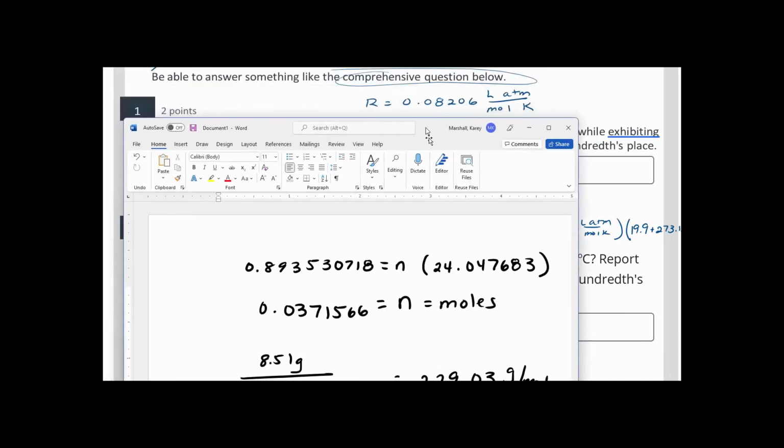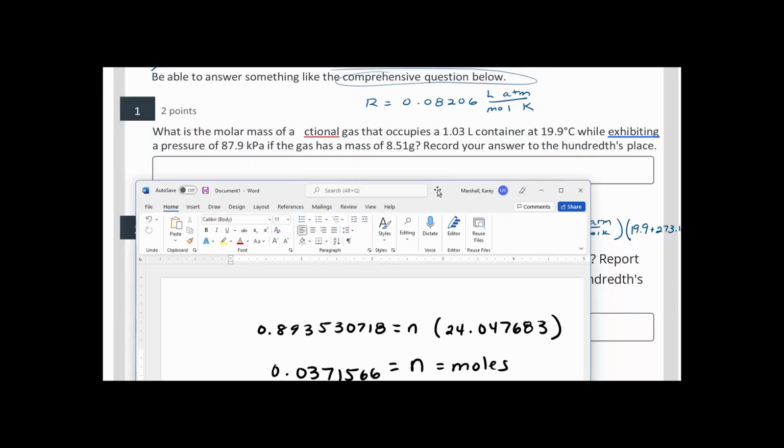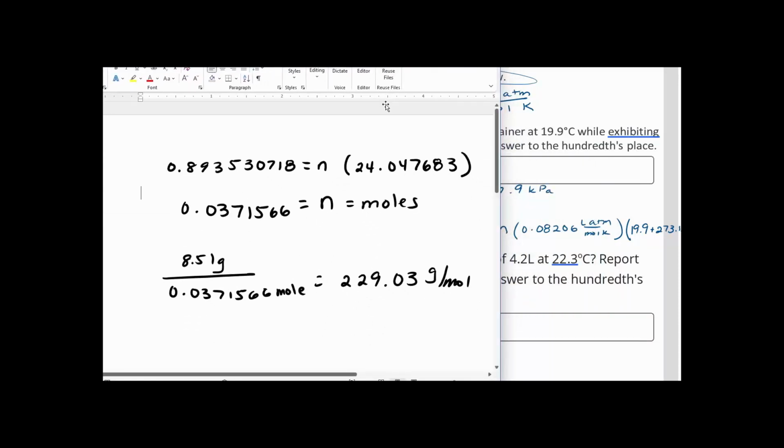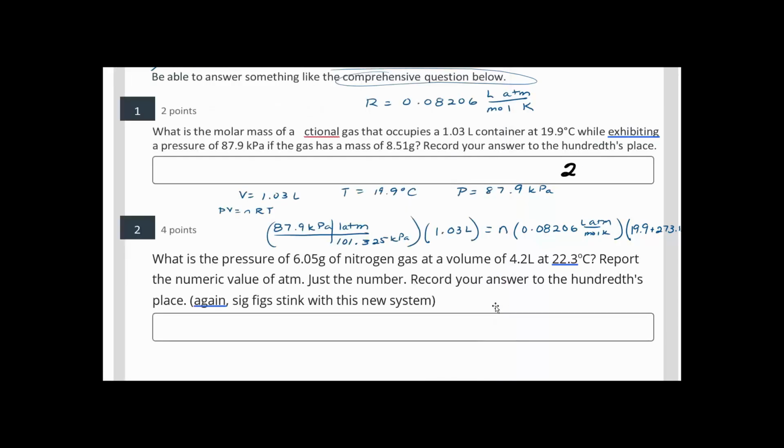So now I look back into my original question, and all of those numbers have 3 significant digits. So I can only record 3 significant digits. So I would record 229 grams per mole. That's 3 significant digits.